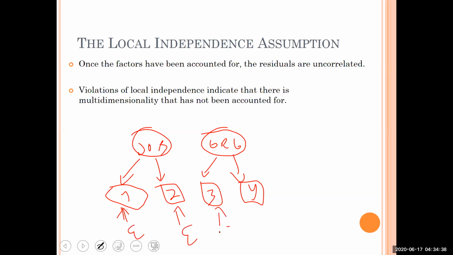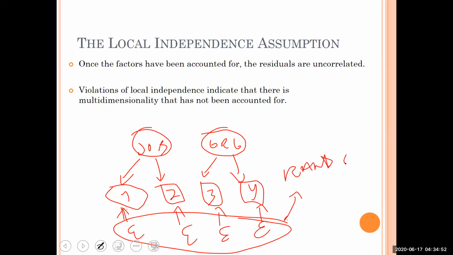And once you account for job satisfaction and organizational commitment, whatever is left of the variability in the indicators, the residual variability, is random. And that means local independence. Local independence means that once you account for job satisfaction and organizational commitment, the residuals of these indicators are uncorrelated. So there shouldn't be a double-headed arrow here. If there was, then you would be violating local independence.